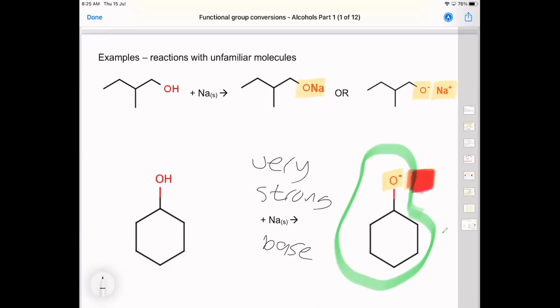The OH bond actually didn't want to break, and we broke it apart. And this thing here is going to be looking for hydrogen ions. So as soon as it sees a molecule that has an atom bonded to a hydrogen, it's going to want to steal that hydrogen.